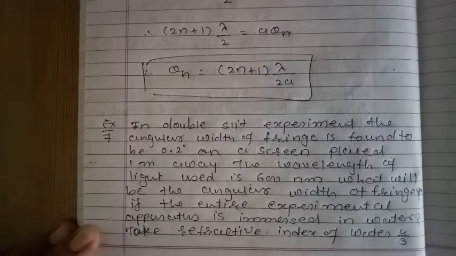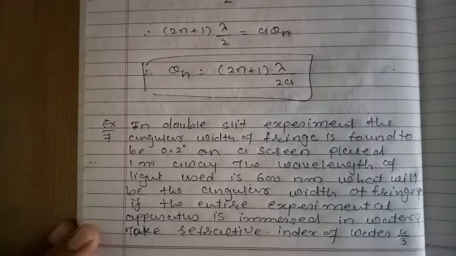Now we know that theta is equals to lambda by d, right? So here d is constant, so theta only depends on lambda in this particular case.